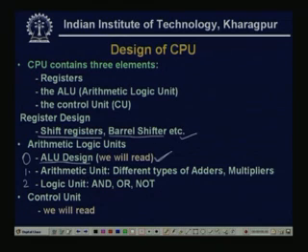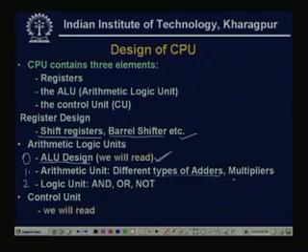Now, the arithmetic unit means the different types of adders, multipliers, subtractors, all types of arithmetic operations the unit does. In earlier classes we have read different types of adders: the ripple carry adder, carry look ahead adder, carry save adder, the Wallace tree adder.